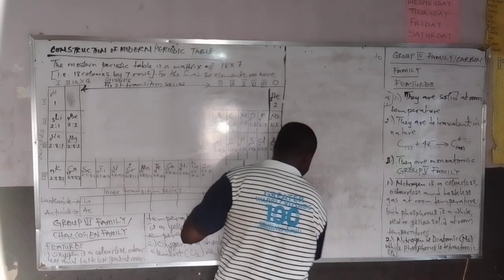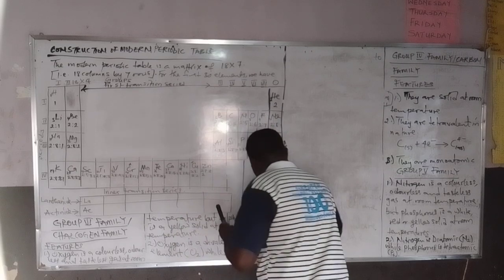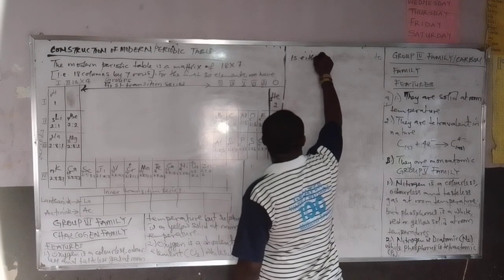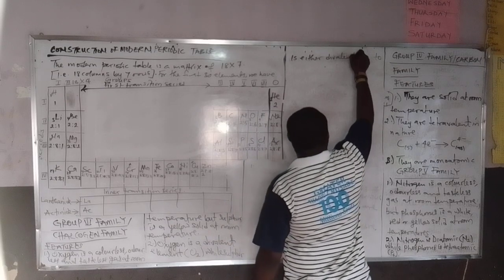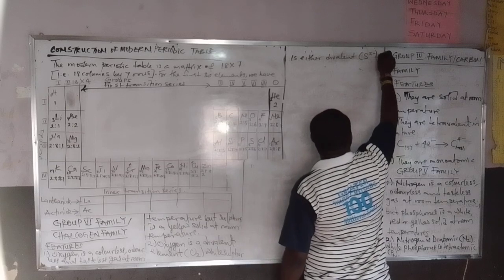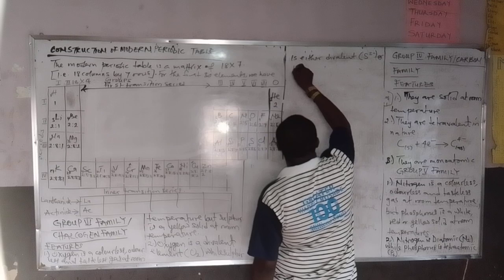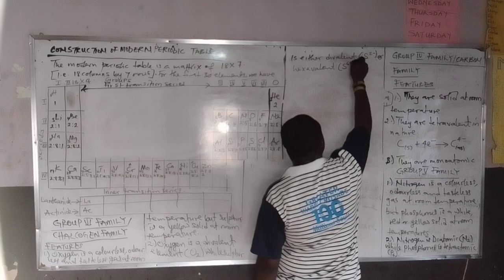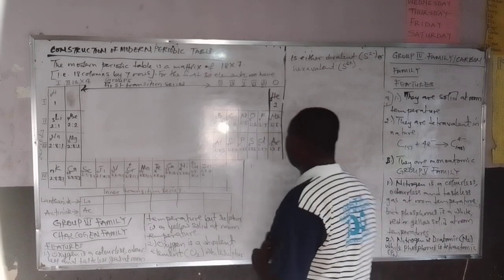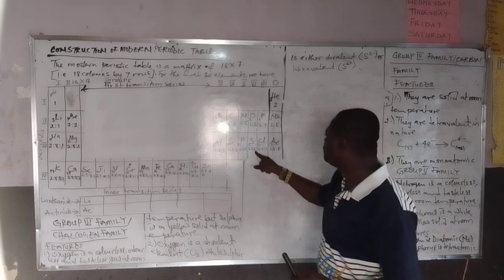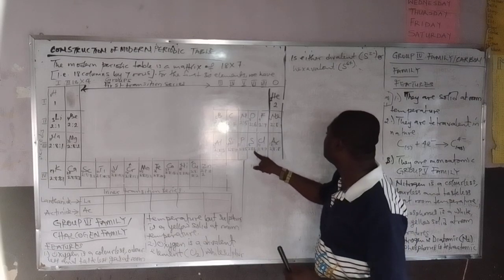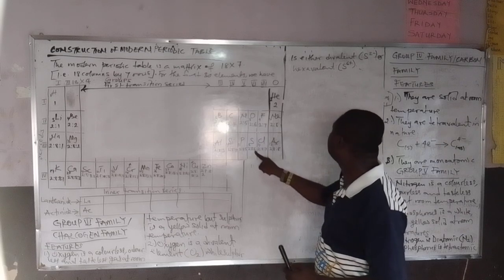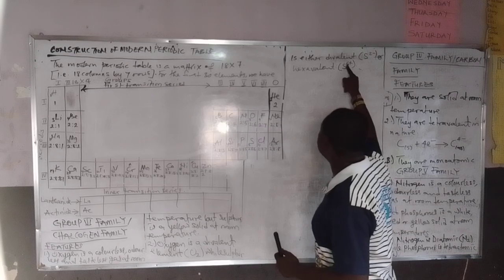It's either divalent or hexavalent. Divalent, when you write it as S2 minus in sulfide, or hexavalent, that's S6 plus. So what am I saying here? Sulfur is 2:8:6. You can decide to borrow 2 more to make 8. Borrowing 2, it forms S2 minus. You can decide to lose the whole of this 6 and have S6 plus.